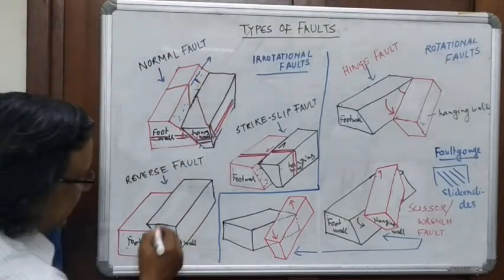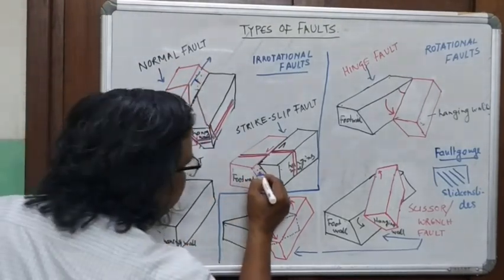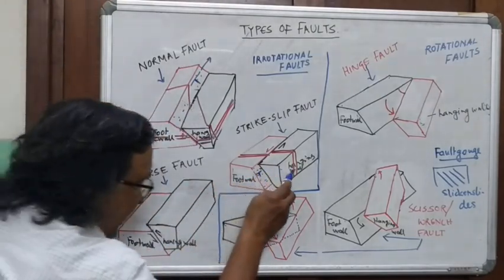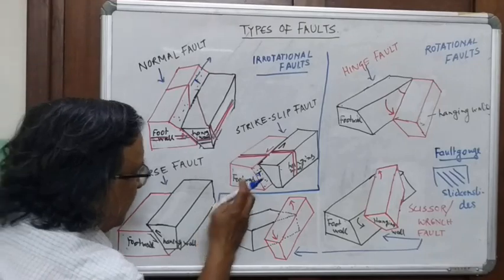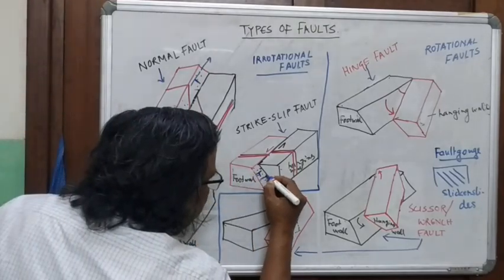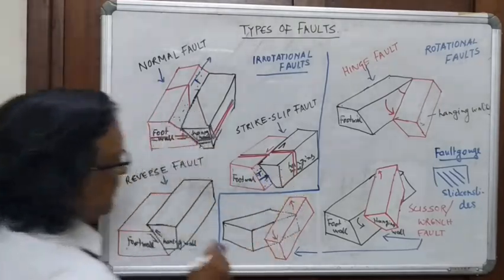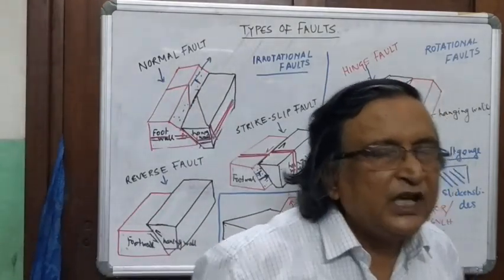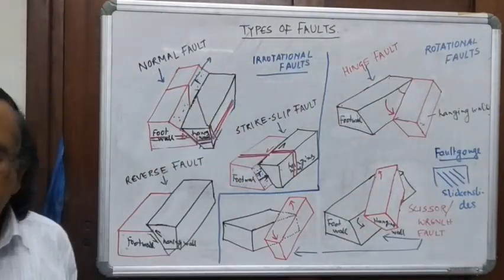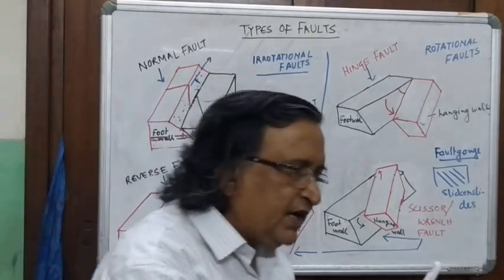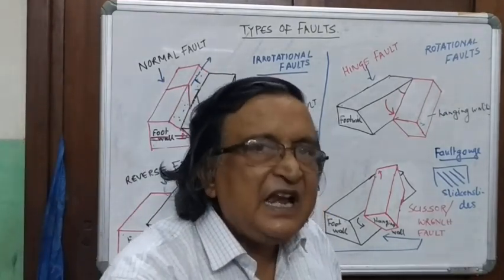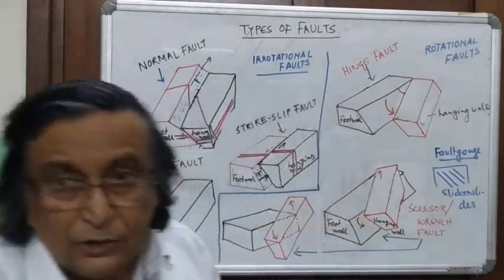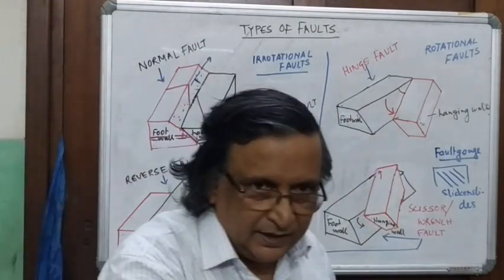Here, why is it called a strike slip fault? Because the movement of the fault plane is parallel to the strike. That means the fault has moved parallel to the strike of the fault plane.